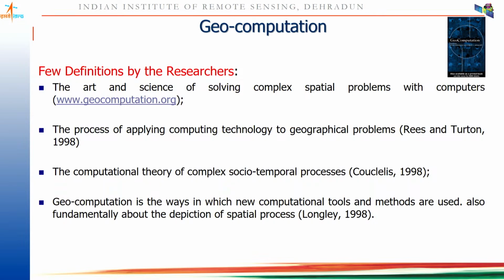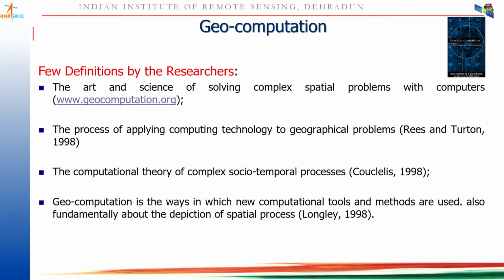Another definition says that it is a computational theory of complex socio-temporal processes. When you are dealing with the societal context, the socio term is very important. And temporal process means in the temporal domain, we are dealing with time series data.